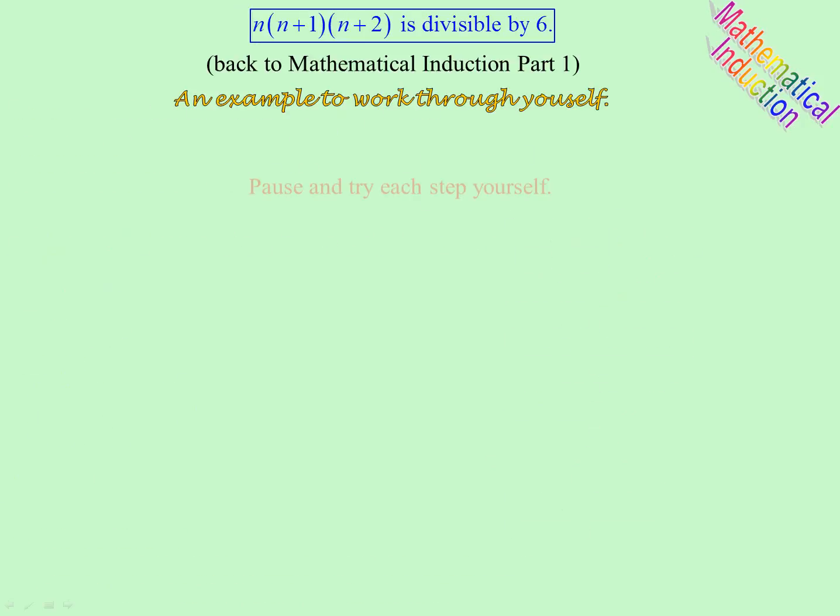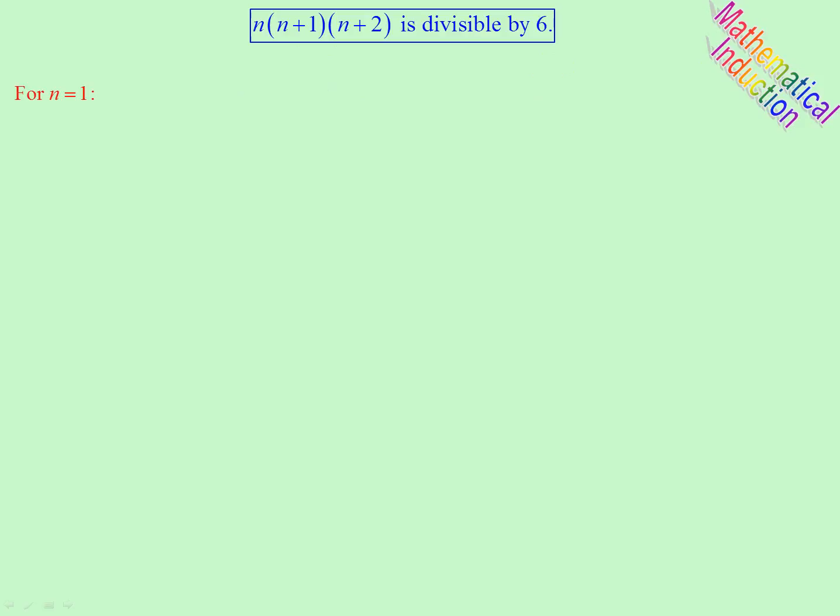Let's go back to the first part of mathematical induction, just to remind ourselves, a slightly different divisibility question. We're now not going to do left hand side, right hand side, remember? We're just going to deal with that, so we're going to say for n equals 1, that equals 1 times 1 plus 1 times 1 plus 2, which gives us 1 times 2 times 3 is 6.